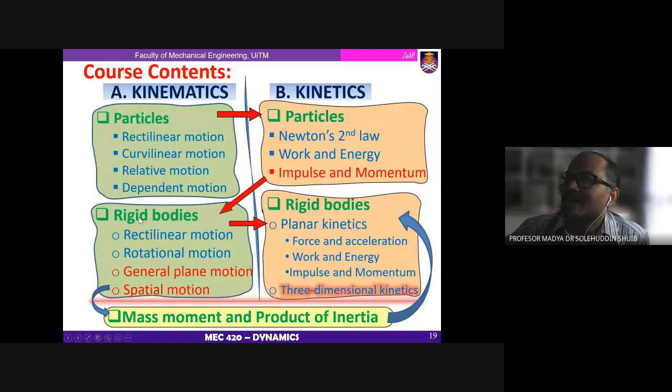This is the detailed content that I elaborated just now. Just to quickly recap, for this week, before we proceed, we do a review of vectors.